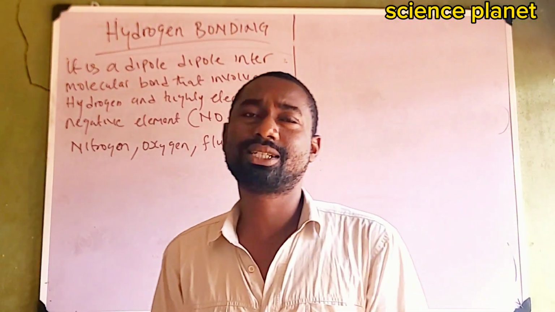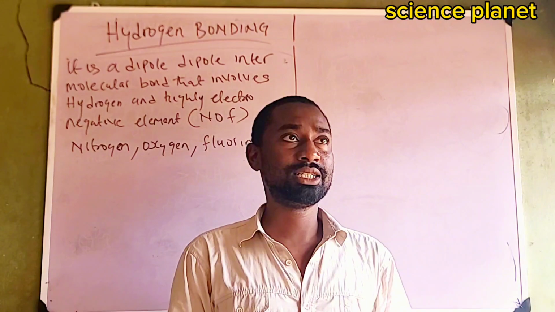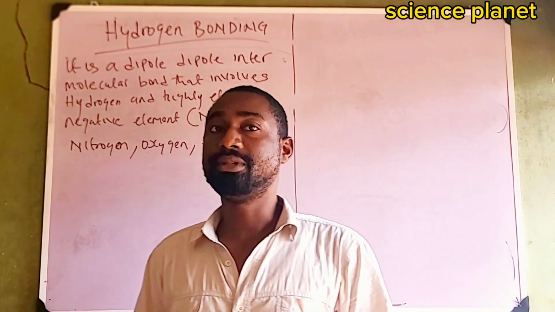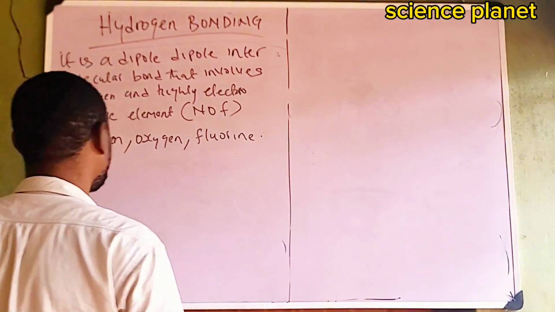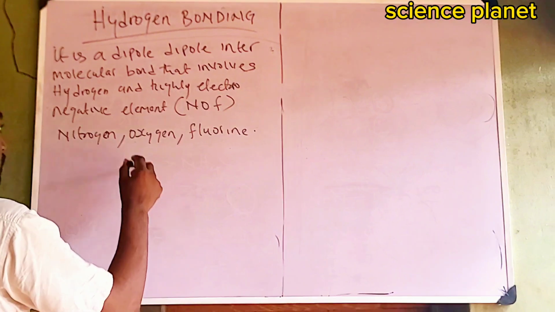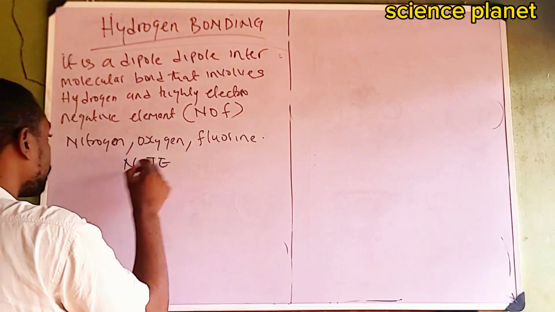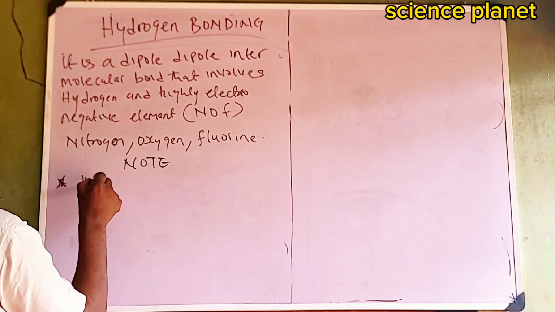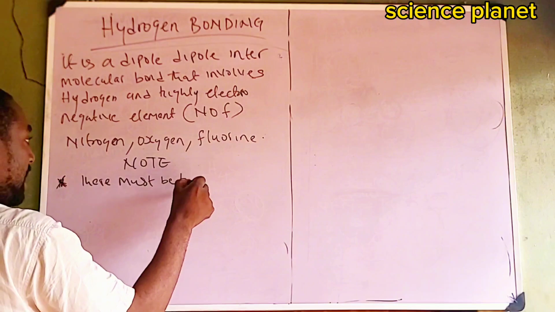Before you can look at a molecule and finalize that this molecule is attracted by hydrogen bond, there are some things you might consider before calling it a hydrogen bond. So let's look at it. Note number one, there must be hydrogen.